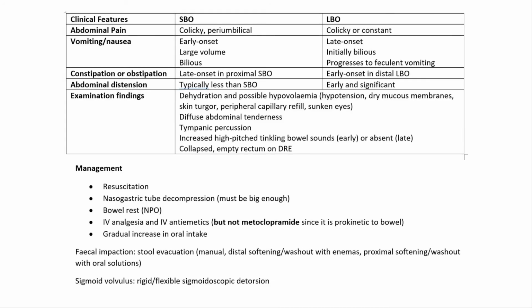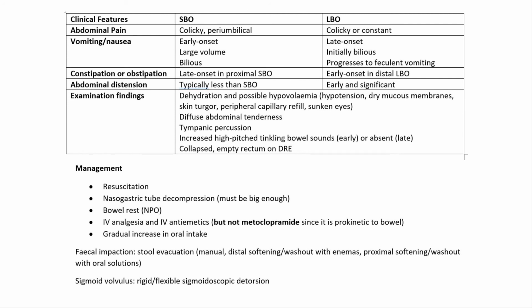The thing that you need to understand is clinically there's basically colicky pain, and if it's small bowel, it's very commonly right in the middle at the periumbilicus. Small bowel is earlier than large bowel because it's a shorter distance for things to get blocked in.